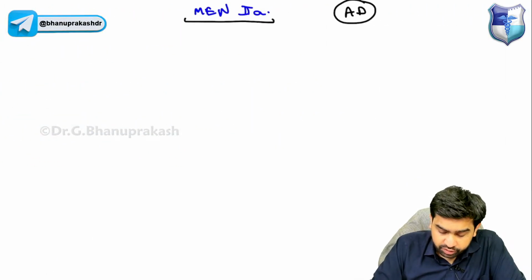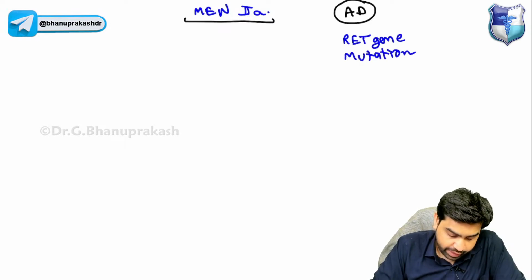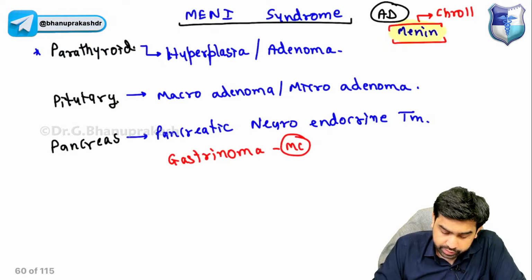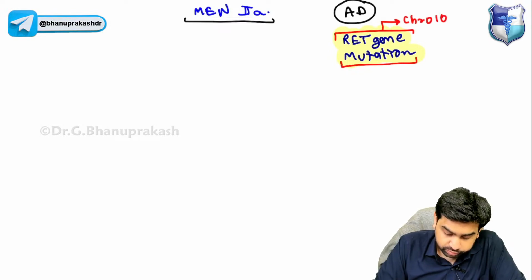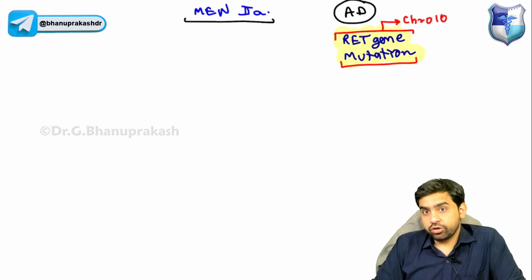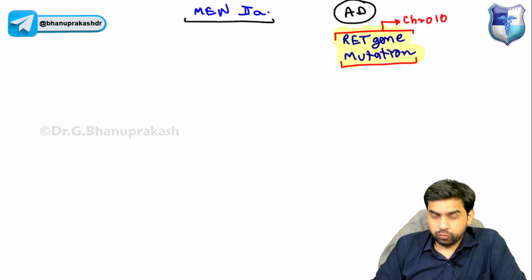Here we have a RET gene mutation. And where is this RET gene present? This RET gene is present on chromosome number 10. That is what you need to understand.